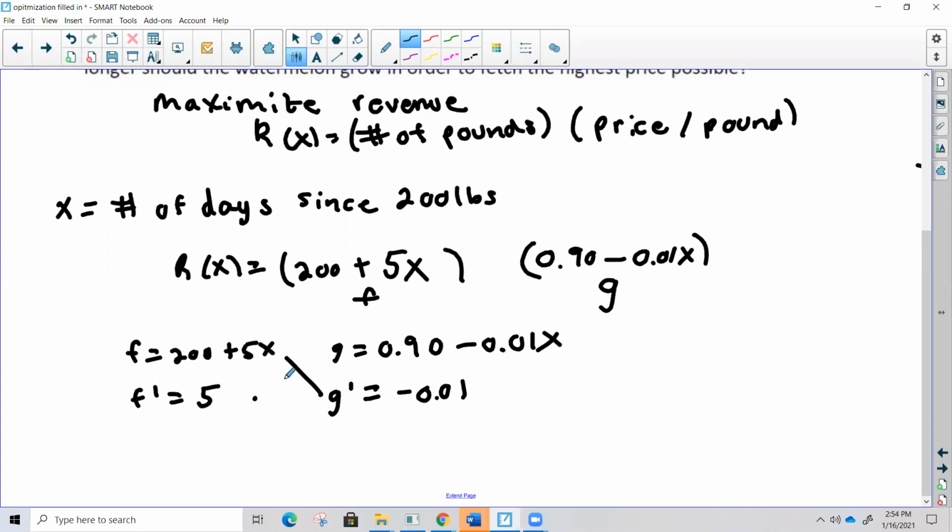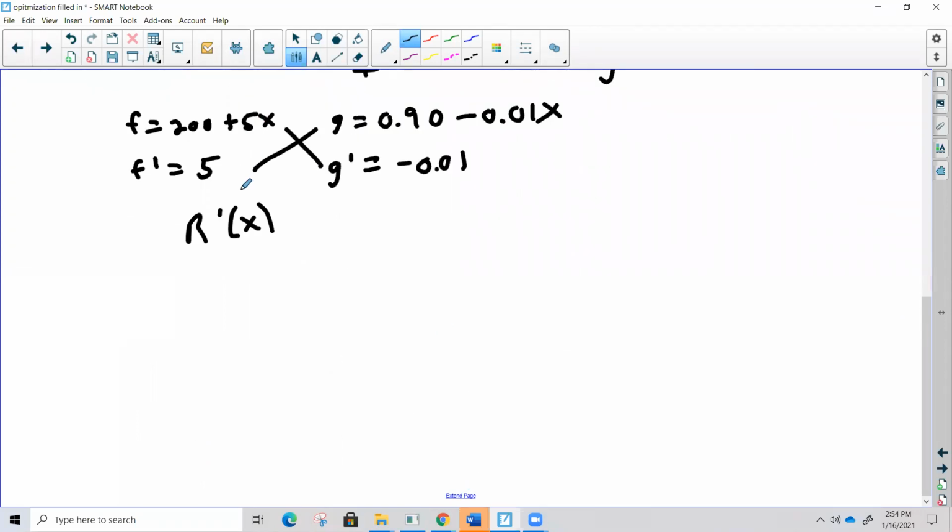And then when I do product rule, I multiply f times g prime and then f prime times g. It doesn't really matter which one you start with, f or f prime, but just make sure that if you start with f, then you're multiplying it by g prime. And if you start with f prime, you're multiplying it by g. I usually start with f, but again, you can do either order.